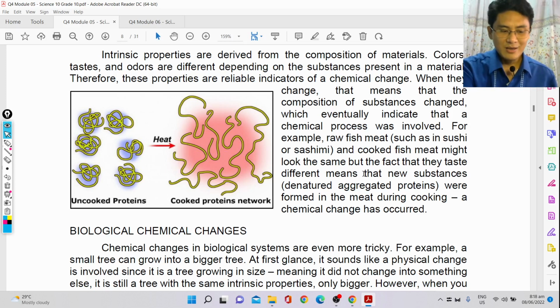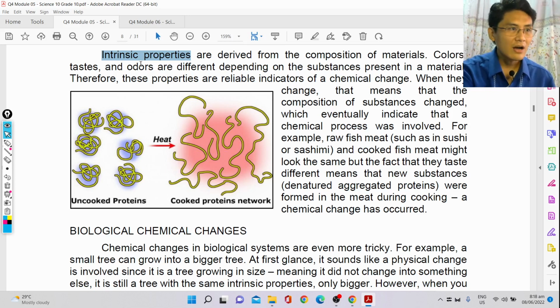It's just that raw fish has no other term. It's still called fish, same as cooked fish. But what is more important is the intrinsic properties. Did the intrinsic properties change? So when you taste that raw sashimi or sushi versus when you cook it, did it taste different? And the answer is yes.